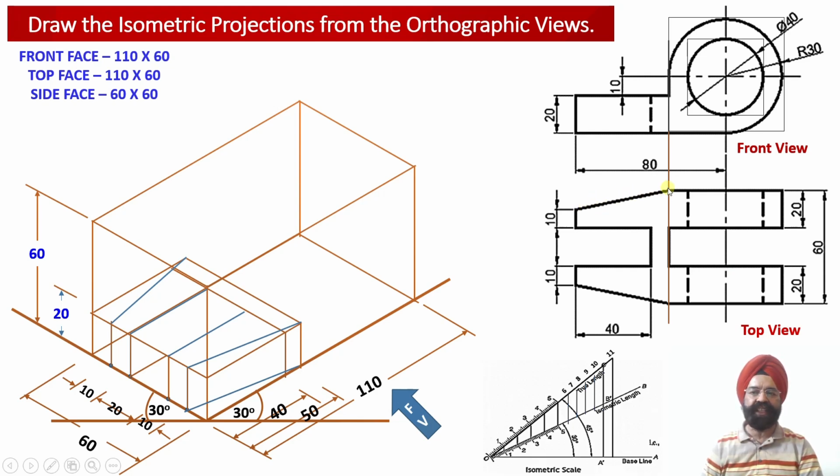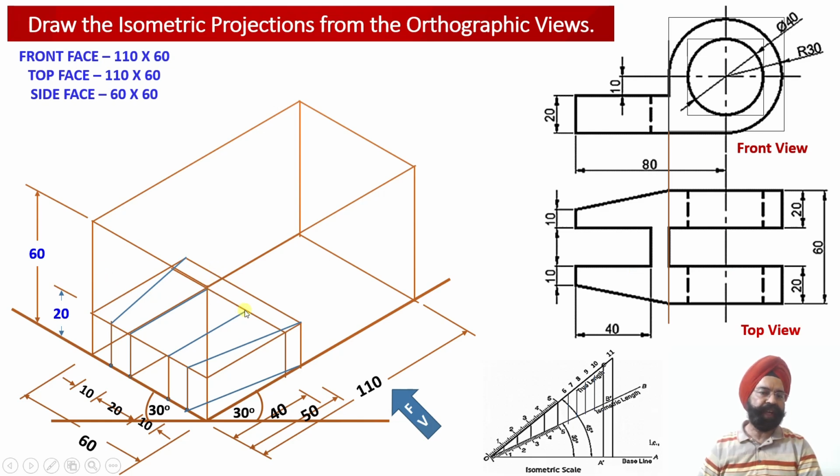Moreover, this inclined surface and this inclined surface, both of these surfaces are not parallel to the front face of the solid or the rear face of the solid. So we have joined this point with a point which is lying at a distance of 50 millimeter from this surface, and the width between these 2 endpoints is equal to 60 millimeter, whereas the distance between these 2 points, we can check, is only equal to 20 millimeter.